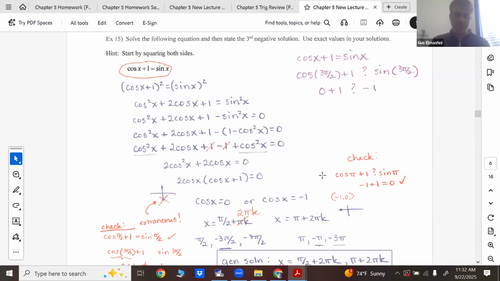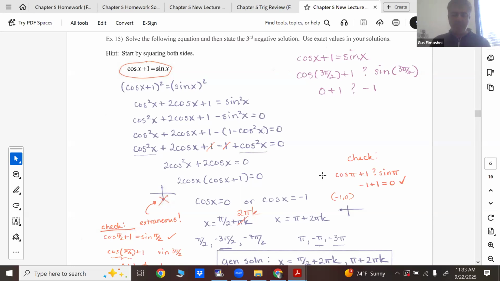So cos x plus 1 equals sine x. Are you guys changing sine squared to 1 minus cosine squared?